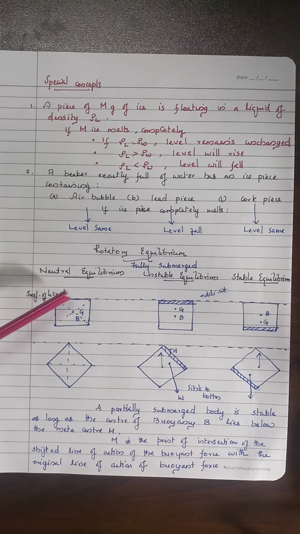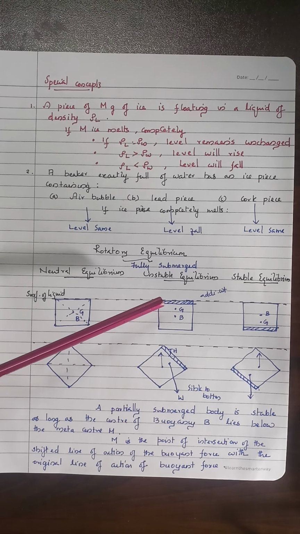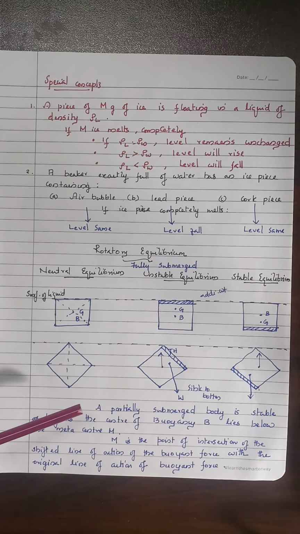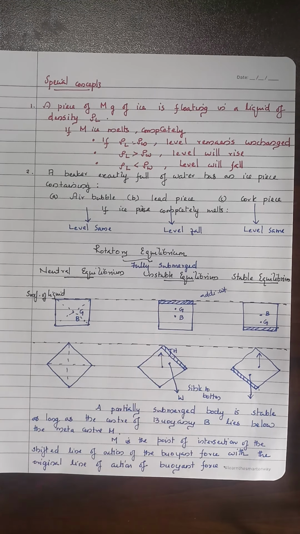If an additional weight is given to the top, the center of gravity location shifts to the top, and if you give a small jerk, the center of gravity will give more force in the downward direction, and hence that body will sink to the bottom.